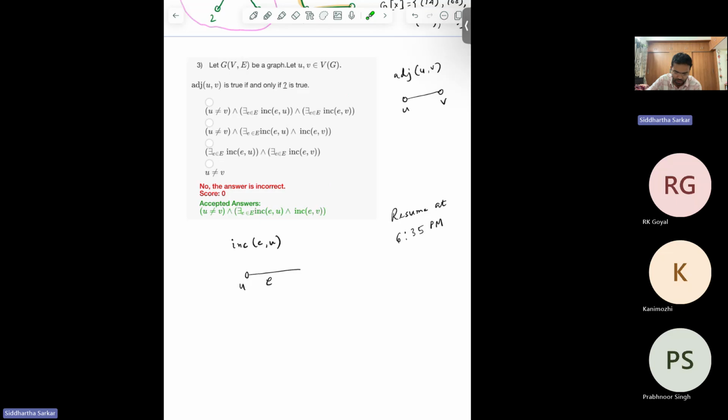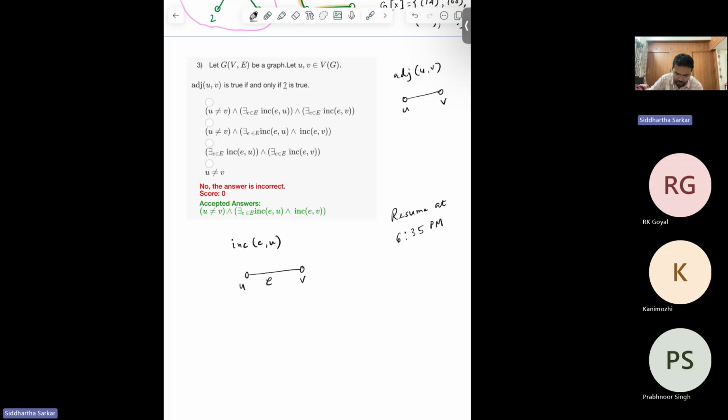You are right that in this option, because it says that u and v are different vertices, there exists an edge which connects u and v because of the incidences. So there is an incidence of e on u, and the same e is incident to v, which means that u and v are definitely adjacent.